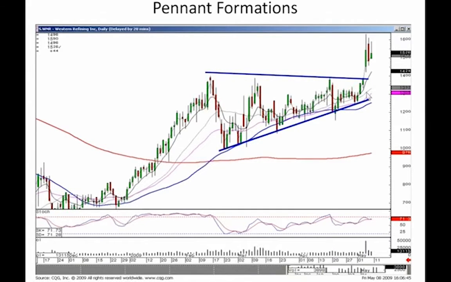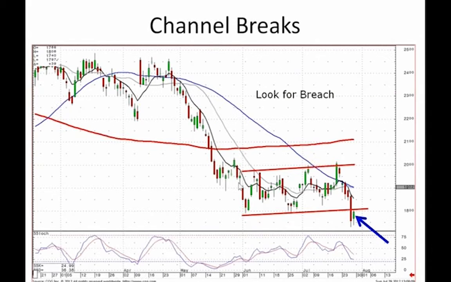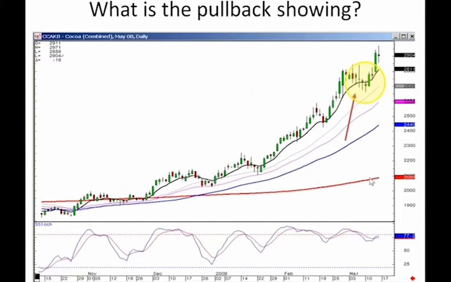Whenever we see these pennant or wedge formations and we see a breakout, we know immediately, based upon this buy signal at the bottom of the wedge, you want to watch to see what type of signal we have when we get back up here at the top of the wedge and see if there's a new dynamic in the markets. Anytime we see something that looks sideways, we know there's been a change of investor sentiment when they breach the bottom of that trend channel.